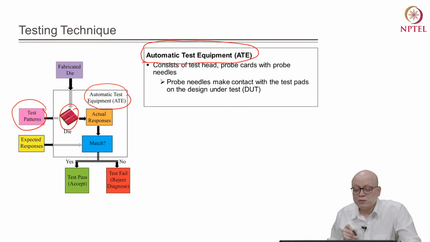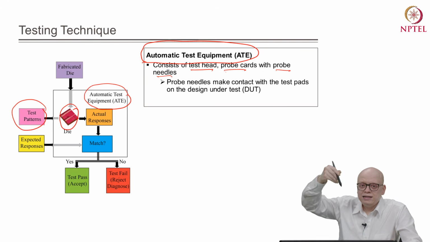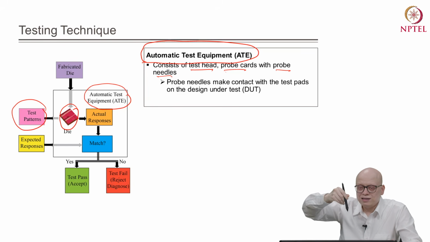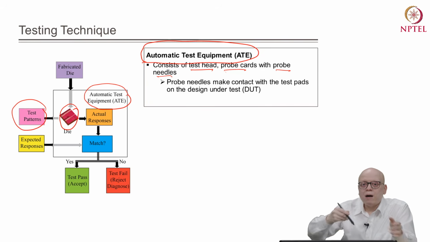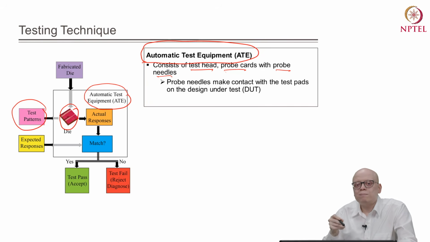Now, this automatic test equipment has a test head, probe cards, and probe needles. What happens is that the needles in the automatic test equipment go and make contact with the wafer, and because of that contact, an electrical path is made, and through that electrical path a test vector, a 0 or 1, can be applied to the die, and through those needles the values produced by the die can be read out.